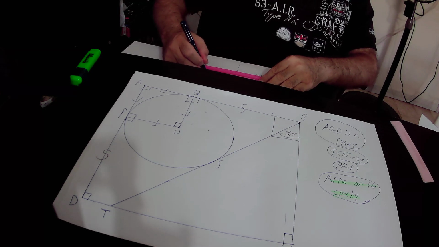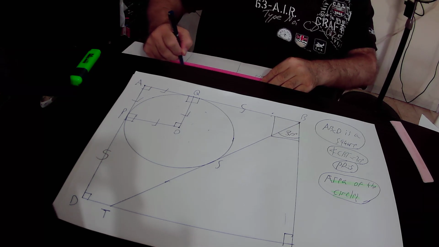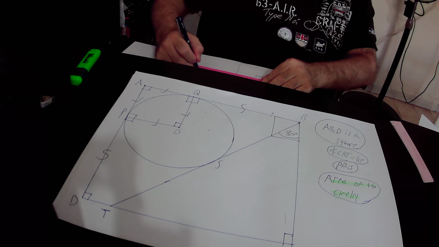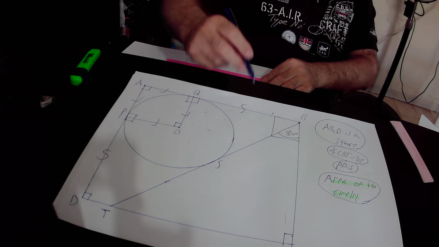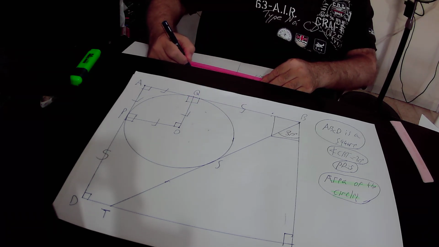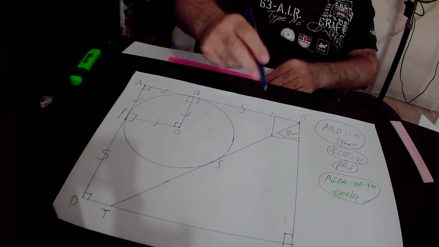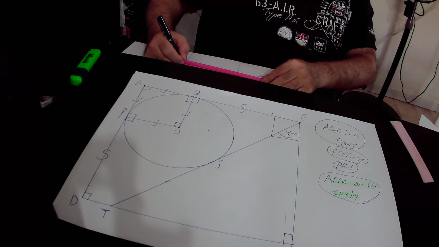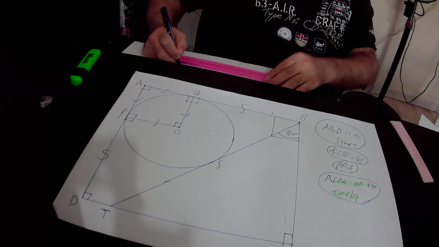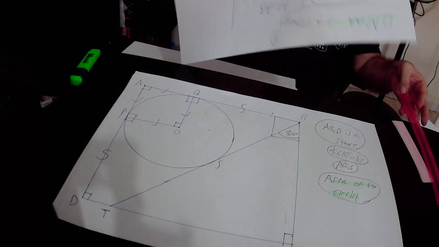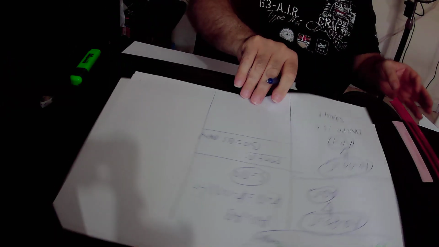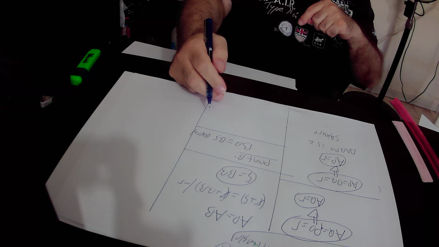We have tangent BQ and we also have tangent BS. And according to rule number 2, they are equal to each other. Again, BQ equals BS according to rule number 2.